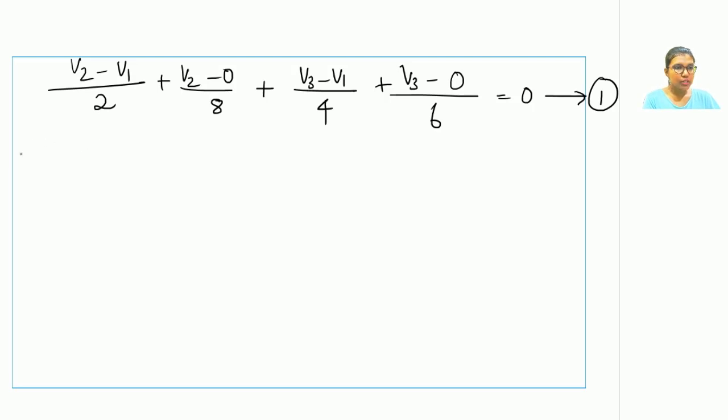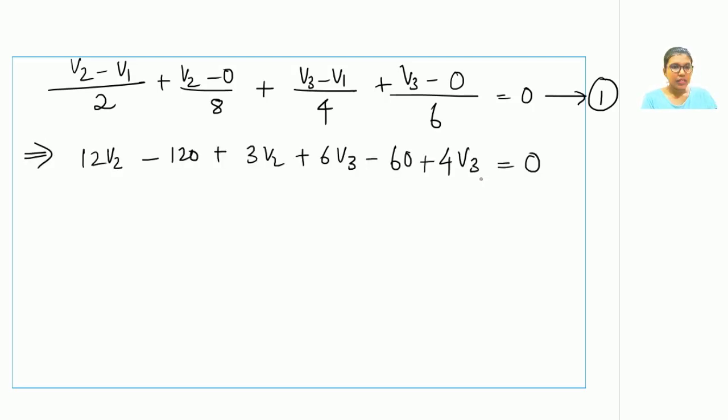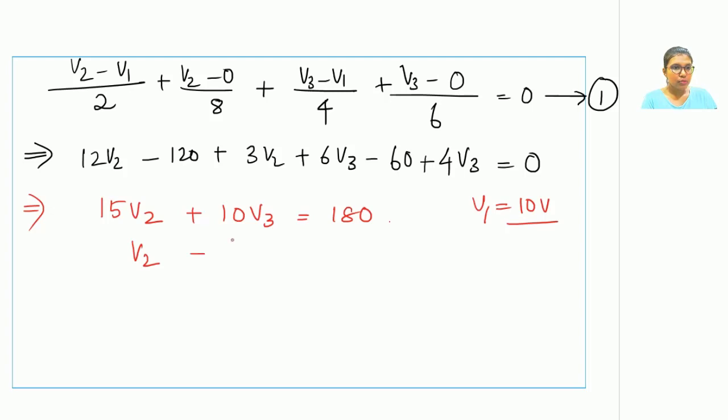Upon simplification, in this equation, the value of V1 has been substituted as 10 volts. Upon further simplifying, this comes down to 15 times V2 plus 10 times V3 is equal to 180. And there is a KVL equation as well, which is V2 minus V3 is equal to 5.